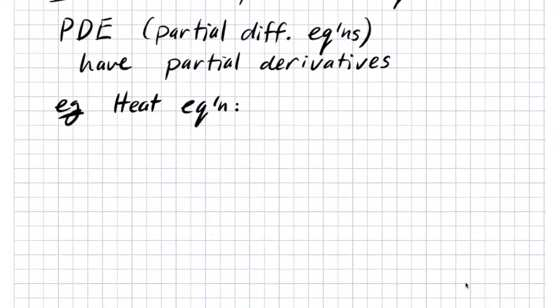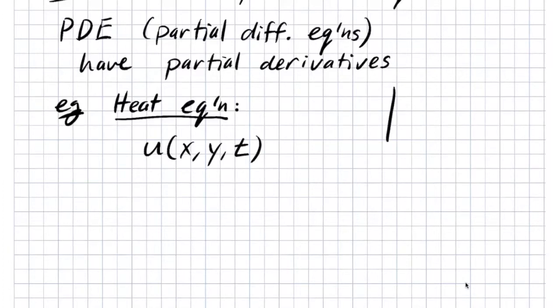So this is governed by the heat equation, which says that if you have u represent the temperature of the object at a certain point, we'll just do a two-dimensional heat equation. So we have some sort of an object here, and it has temperature.